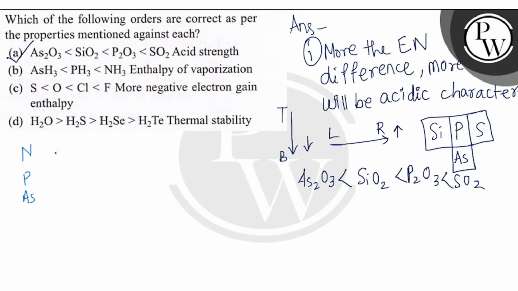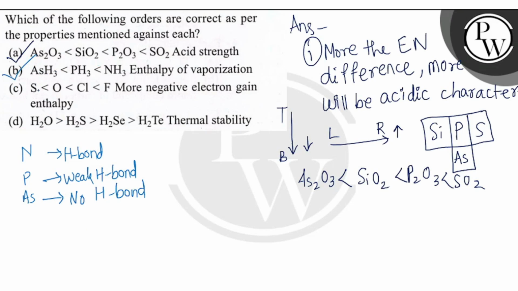So nitrogen has hydrogen bonding, whereas phosphorus has weak hydrogen bonding, and there is no hydrogen bonding in arsenic hydrides. That's why the enthalpy of vaporization will be highest in NH3, then PH3, then AsH3. Is option B the right answer?